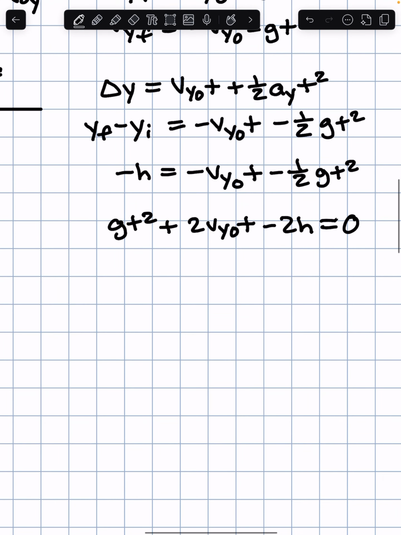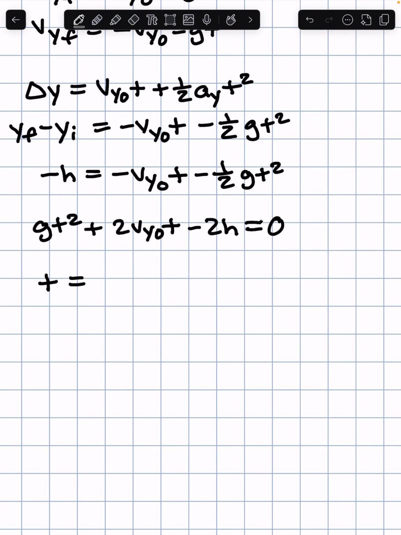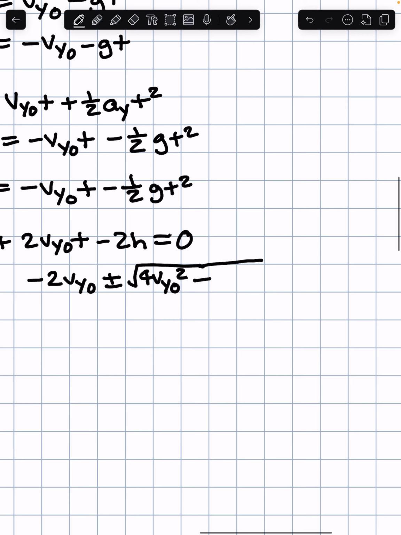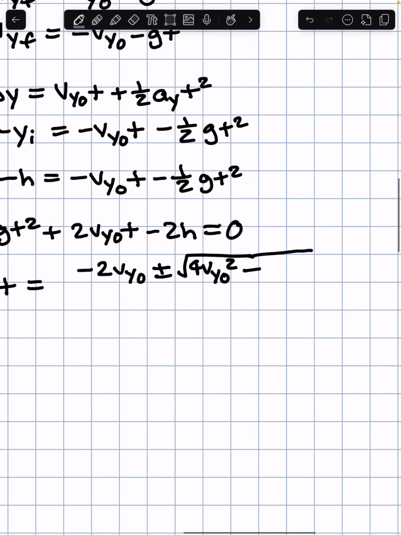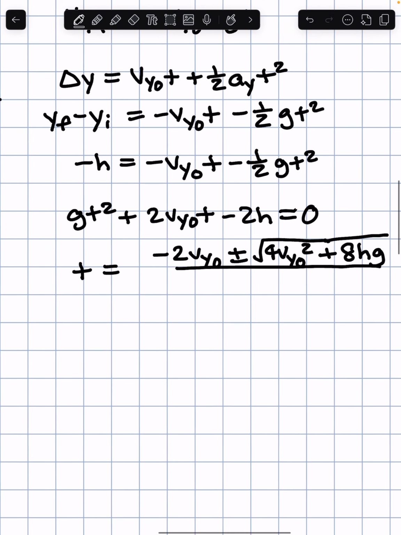Here we're going to need to use the quadratic formula. Negative 2 vy naught, plus or minus the square root of 4 vy naught squared minus 4ac, which is going to be plus 8hg, all over 2a, which is 2g.